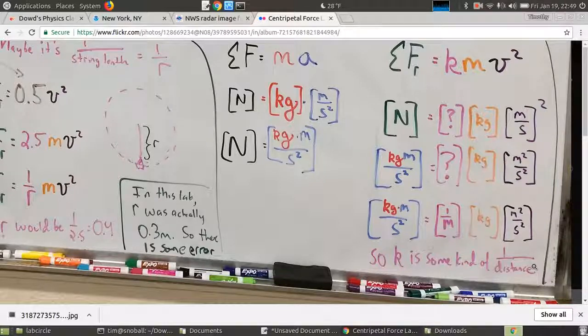So in that second to last line we have the kilogram times meter over second squared equals something times kilogram times meter squared over second squared. So there's an extra meter on top there. So that means the pink term must have the units of 1 divided by meter, 1 divided by some distance. So what's the only distance that seems relevant for circular motion? The distance that's the radius.